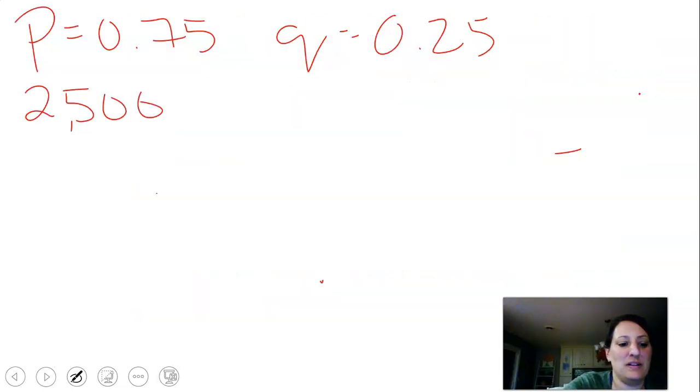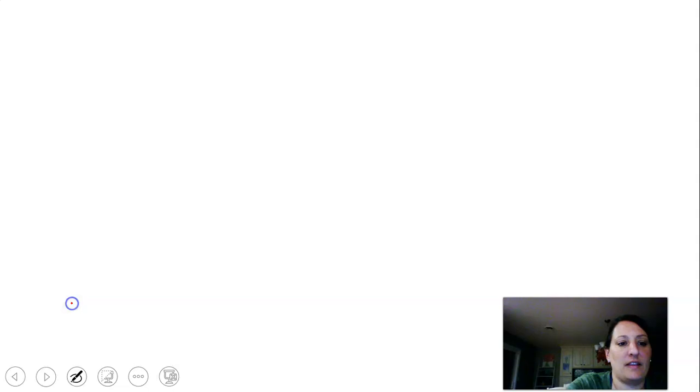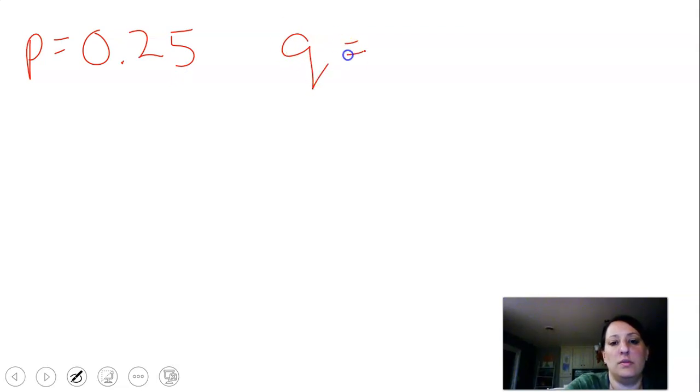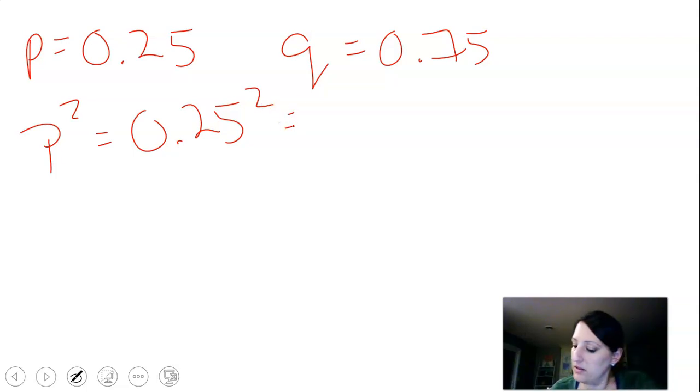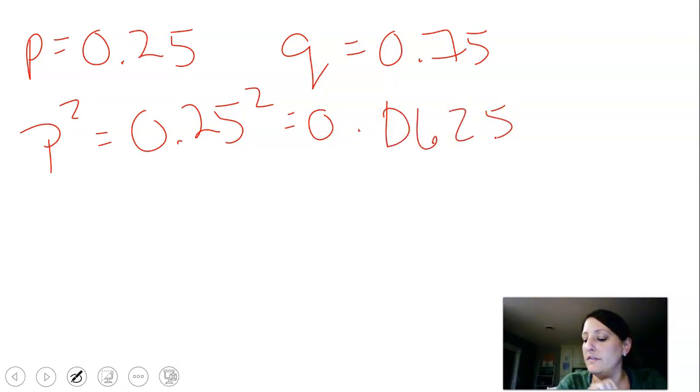So if we come up here, again, P equals 0.25, and Q equals 0.75. Okay, so now P squared, let's start this one over, equals 0.25 squared, which equals 0.0625.